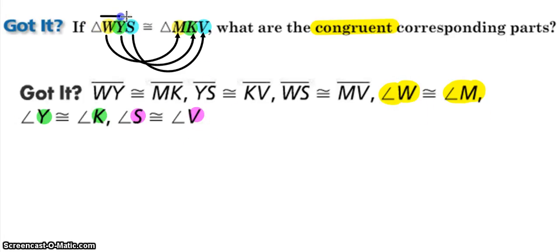If I choose WY, then I have to look at MK. So that gives me my first set of congruent sides. If I look at YS, I have to look at KV. So YS and KV. And then if I think about my third and my first, we here went first to third, W to S, then I go first to third, M to V.